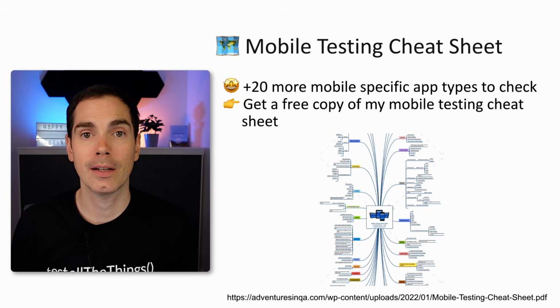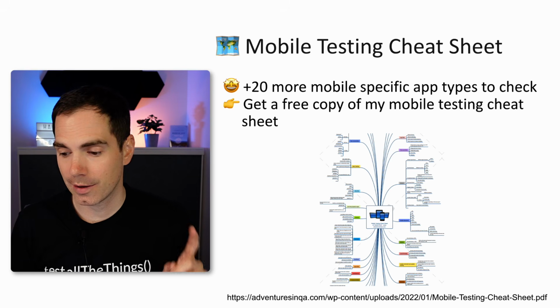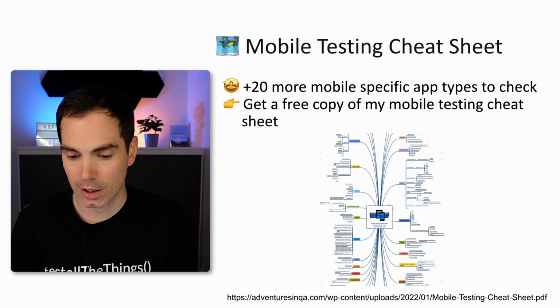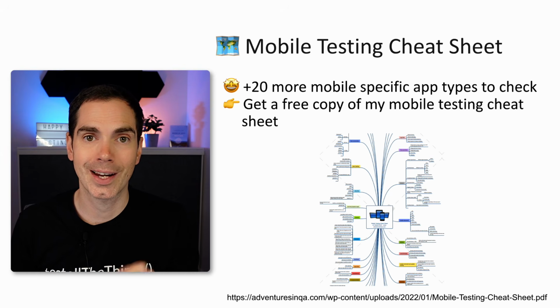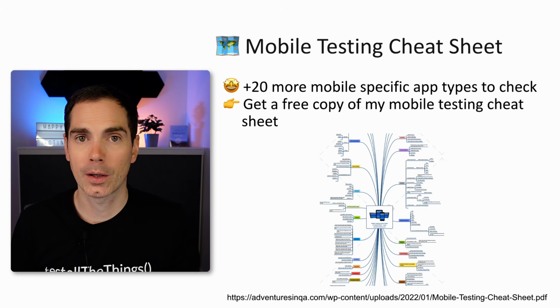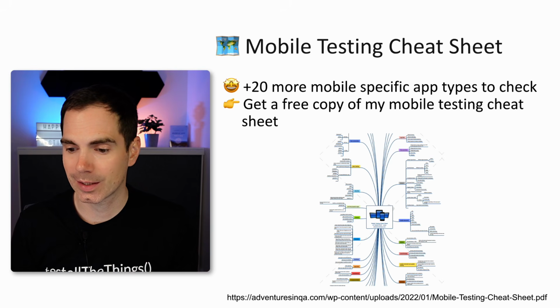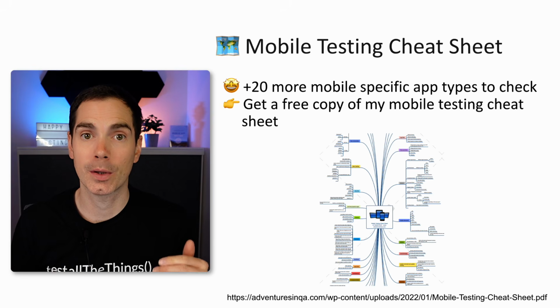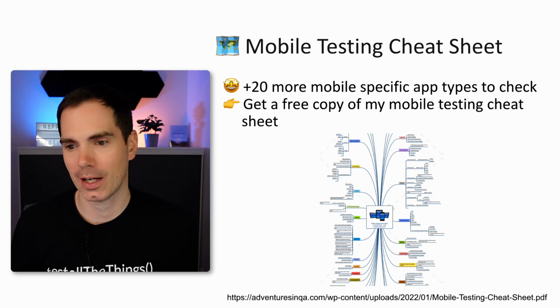I think it's not completely well framed. I also made a video about my cheat sheet some years ago, but you can go to the video description down below to get the PDF version for free. Use it, extend it. Let me know if there is something missing, something wrong, something outdated, but it's pretty helpful to get an idea of what potentially can be tested on a mobile application.